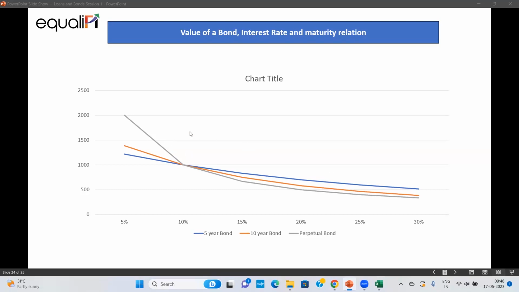If it is a perpetual bond, when there is a change of 5% in rate of interest, initially there was a sharp drop, almost 50% drop in the price. But at a later stage, the shock was minimized and the drop was not that significant. So it slightly started becoming flat.